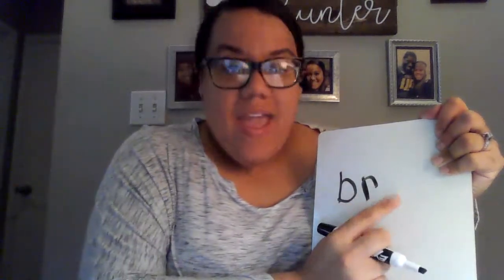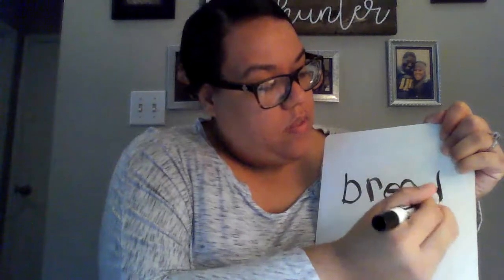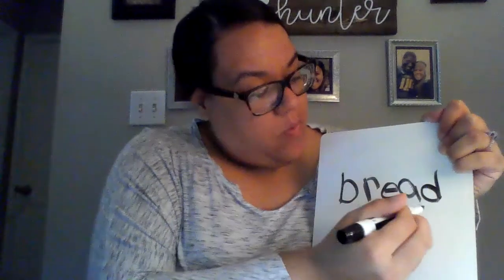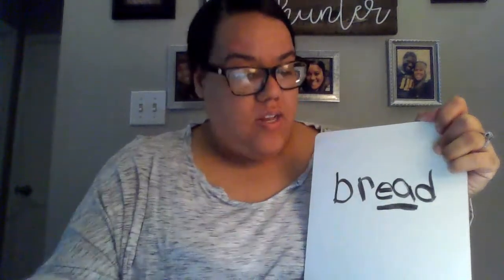It's my R. So B, R. What did I say today? What two letters are going to represent my short E? That's EA. So B, R, EA. Last sound, D. That's my D. And remember, underline your spelling pattern. B, R, EA, D. Bread. Very good. All right, let's do one more together.